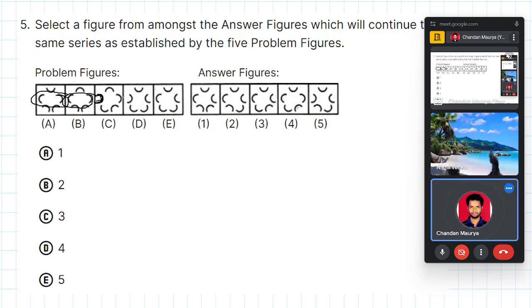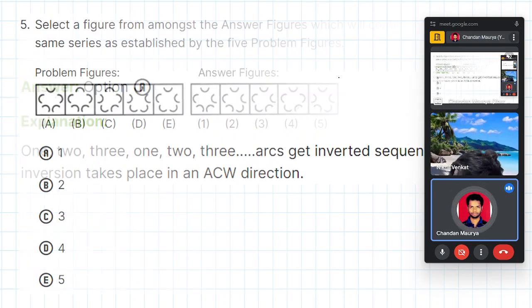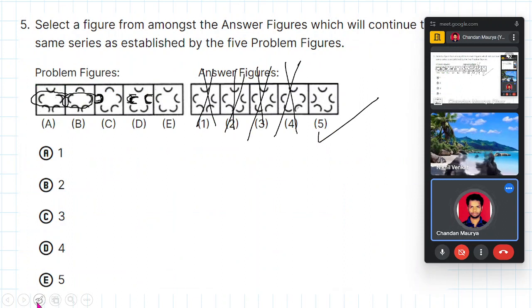After that, the second one is also changing. Then this is changing. This cannot be, this cannot be, this also cannot be, but both will also not change. I guess option number five should be the answer, and that's perfectly wrong. Oh, OMG.